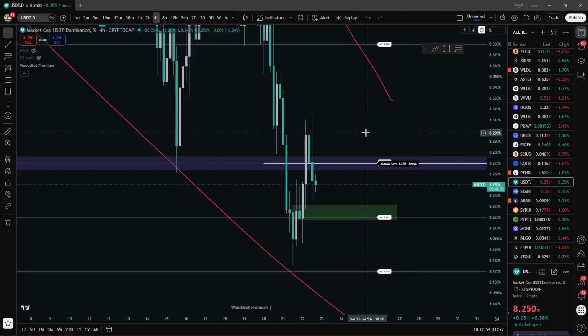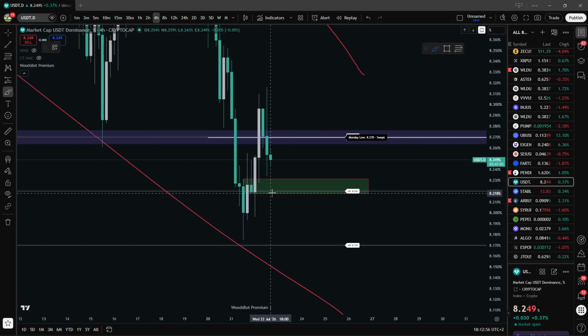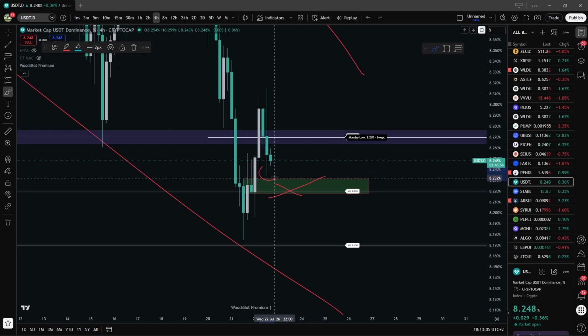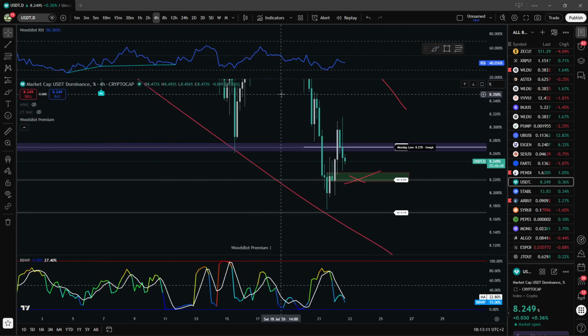If USDT dominance can hold this 4-hour supply and the Woodsbot level right here, there's definitely a chance for a bounce. It already bounced near this area, but I can definitely see USDT dominance having another bounce in this zone.